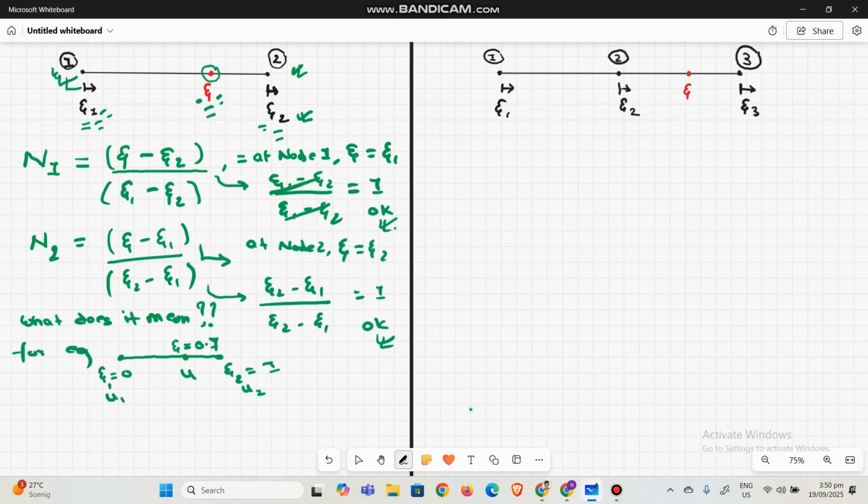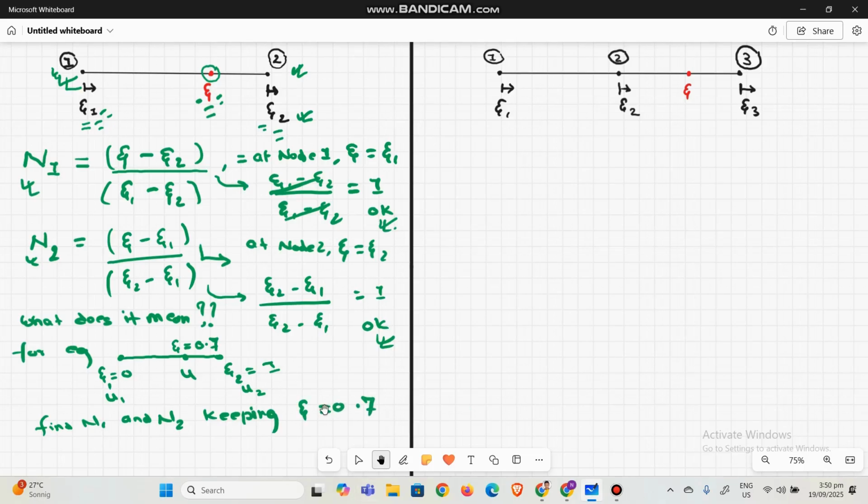So using the formula that we derived here, n1 and n2, what you do is you find n1 and n2 by keeping xi equal to 0.7.